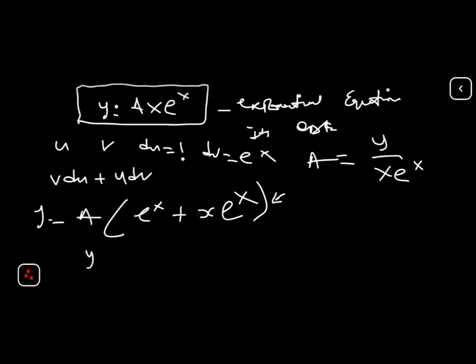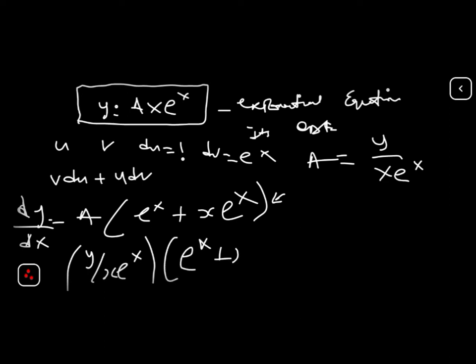Sorry, this is dy/dx. Don't forget this is dy/dx, because this is the derivative of this equation. So we are going to have y over x e to the x, bracket e to the x plus x e to the x.